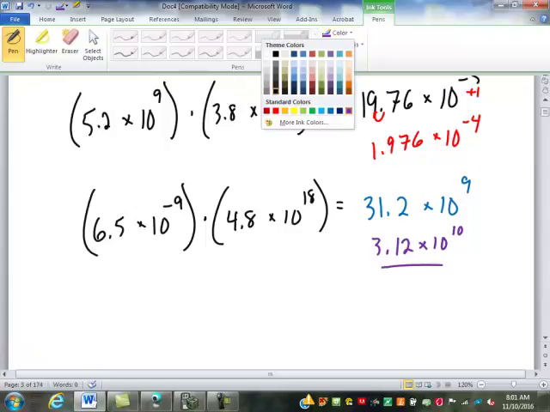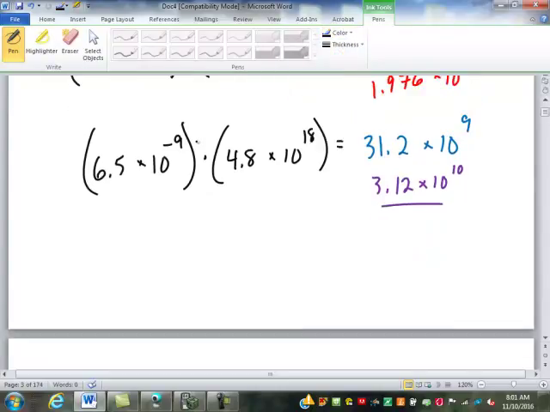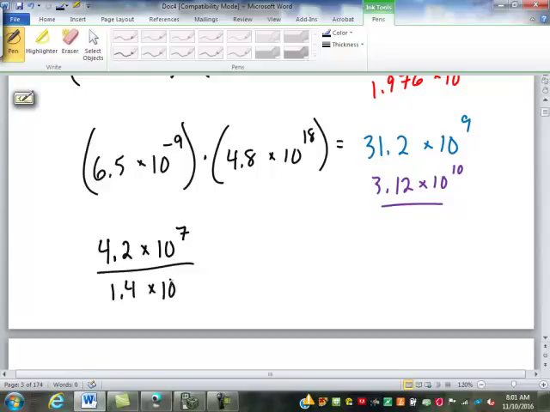Okay. So now we got to do division. Division is the same way. We combine counts, but we also have to combine the names. So we might have 4.2 times 10 to the 7th divided by 1.4 times 10 to the 18th. So we'll combine the counts. 4.2 divided by 1.4 is just 3.